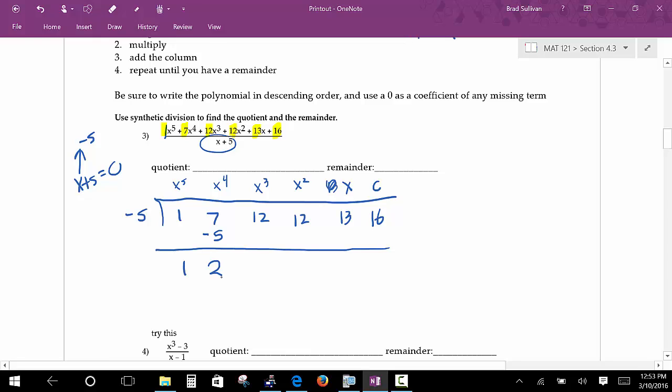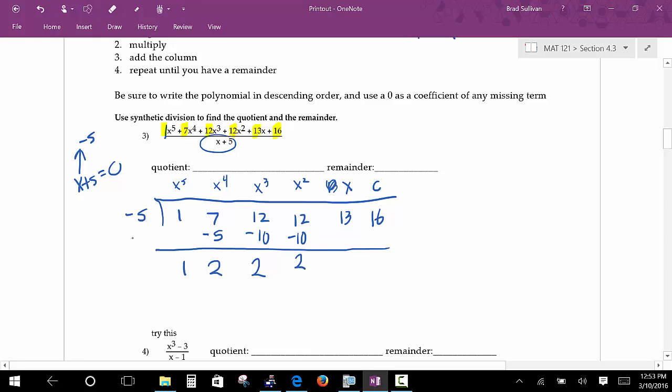Now you're going to keep doing this over and over again. So now what I do, 2 times negative 5 is negative 10. Add the column. 12 added to negative 10 is 2. Now what? Multiply. Negative 5 times 2 is negative 10. Add the column. 12 plus negative 10 is 2.